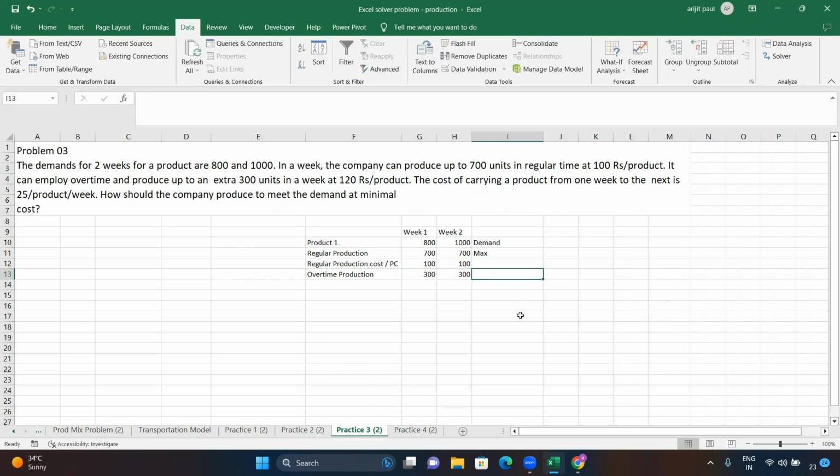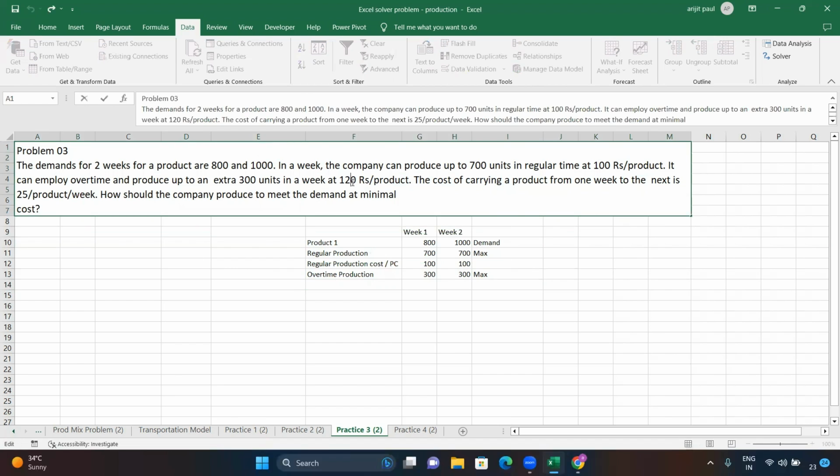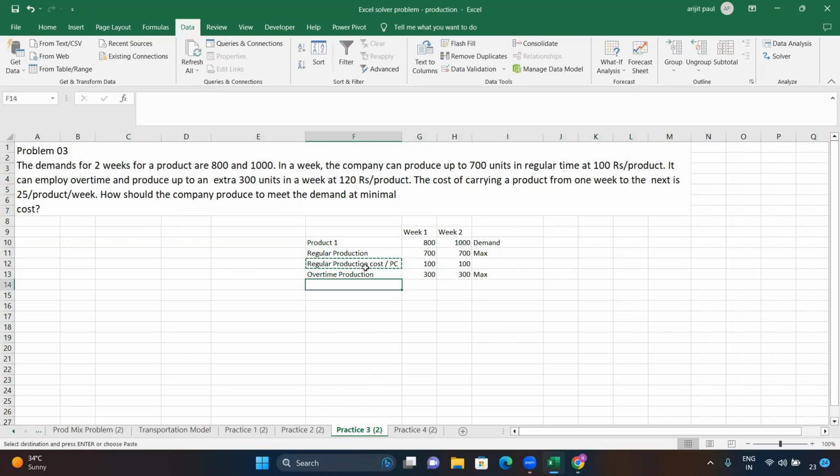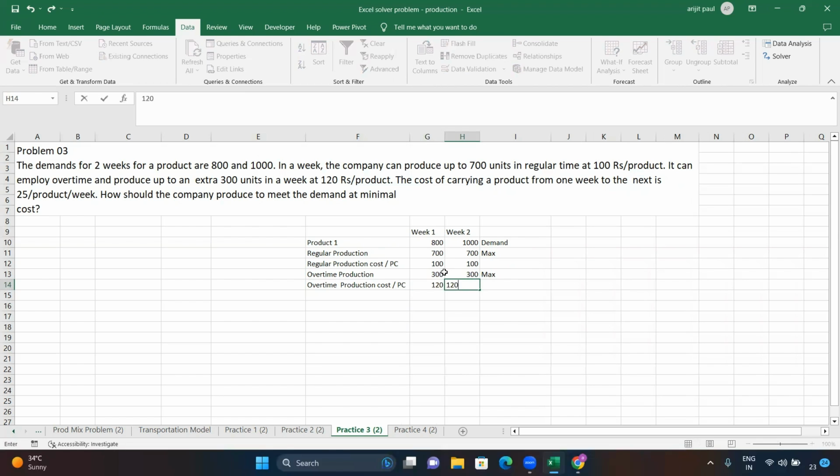This is the maximum production capacity in case of overtime, per week. And what is the cost? If we produce 300 pieces in a week during the overtime, then the cost of production increases from 100 rupees to 120 rupees per product. That means again we can say overtime production cost per piece is 120 rupees.